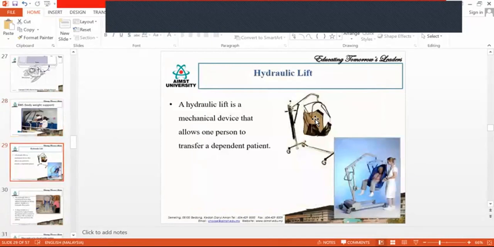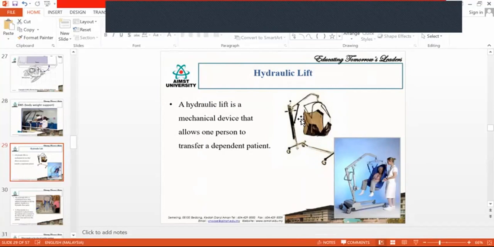From the bed you have to turn the patient to one side, put this garment under the patient, then make the person lie supine, then wrap this material around the patient's body. Wrap it and hold it over the lift.